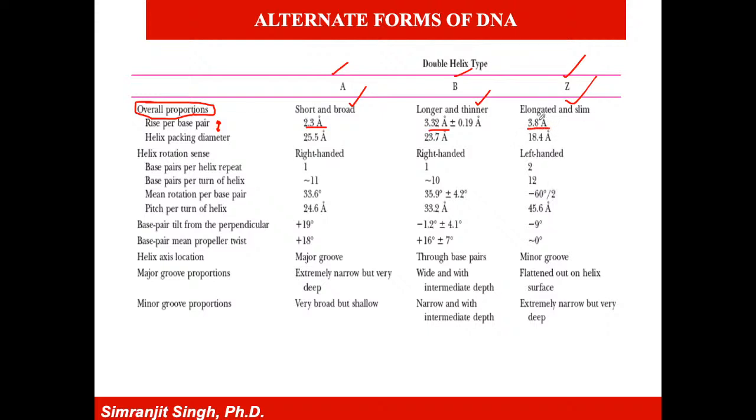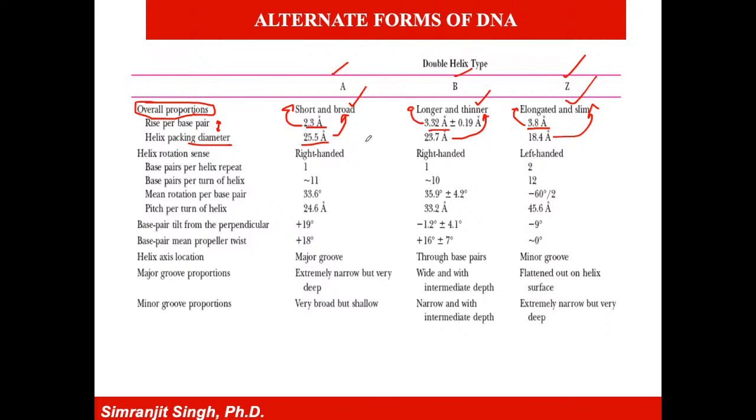So that's why it's the most elongated. This is longer, middle, and this is the shortest. And the diameter, if we see, this is the highest diameter, that's why it's broad. This is short, this is broad, this is longer, this is a bit thinner, this is elongated, and this is even slimmer. Based on these two values, we have the overall proportion of our three different types of DNA.